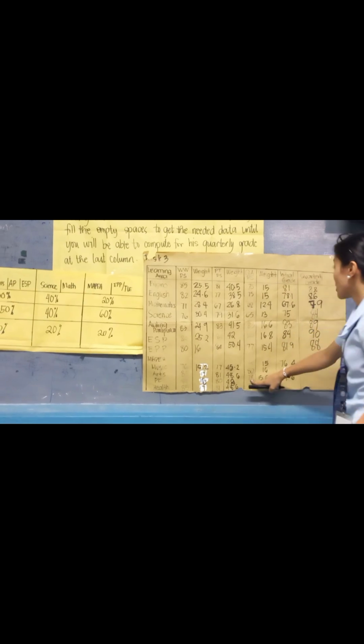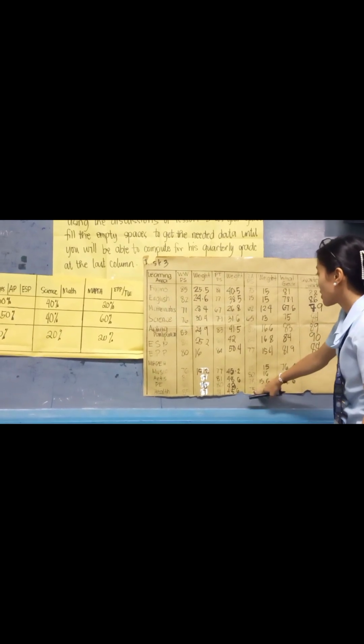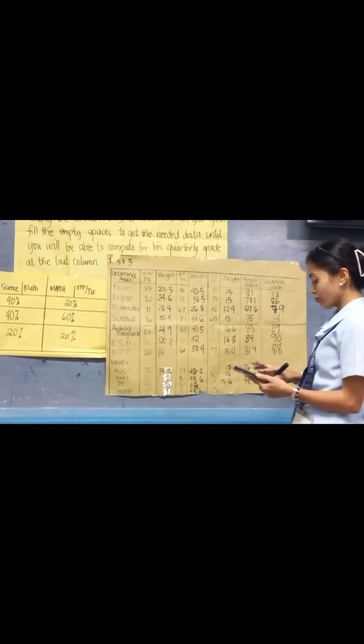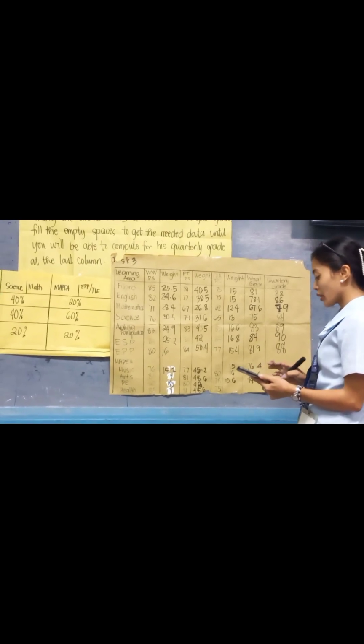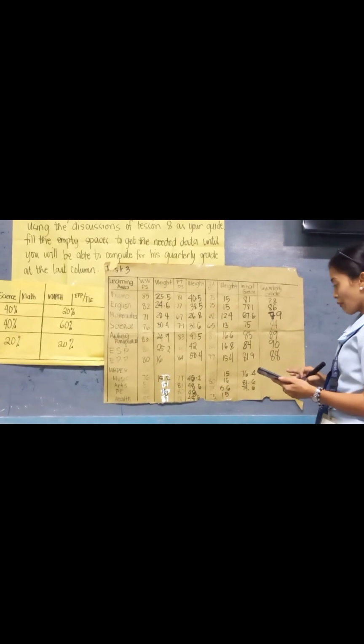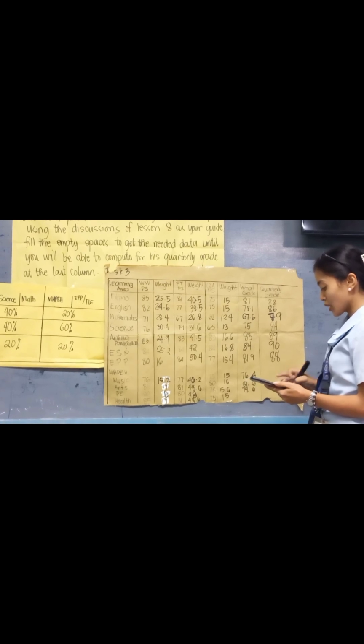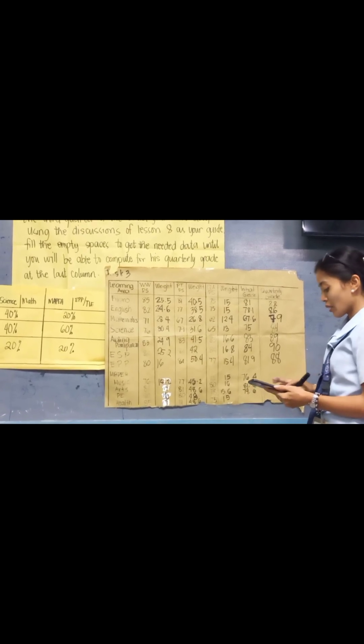Then the last one is the quarterly assessment, which is 75. We are going to multiply it by 20%. So 75 times 0.20 is 15. So we are going to add all of these. 17 plus 48.6 plus 15. So the total is 80.6.